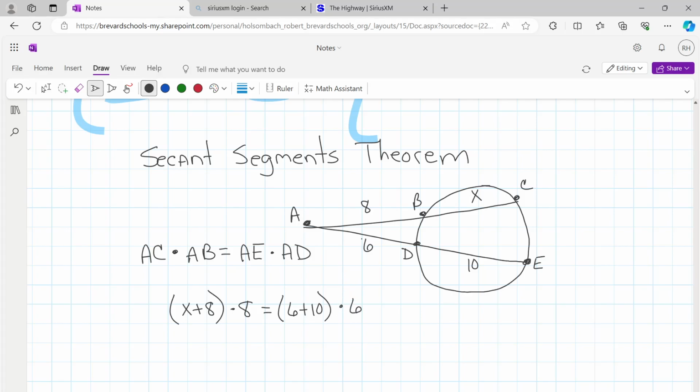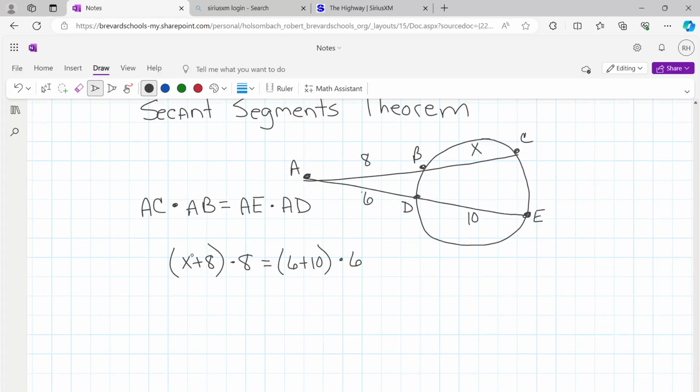All right, so now we got to do the distributive property on the left side. So we get X times 8, which is 8X, plus.